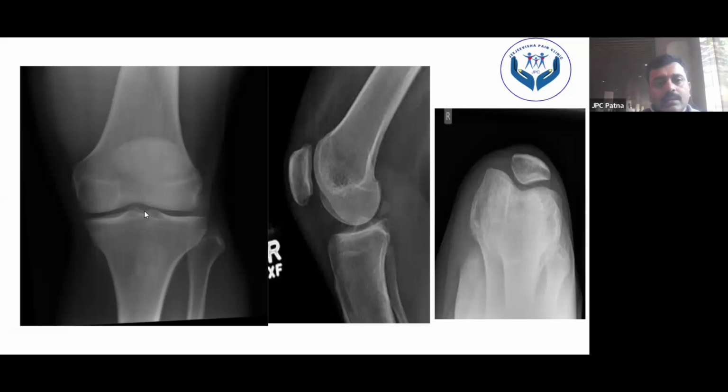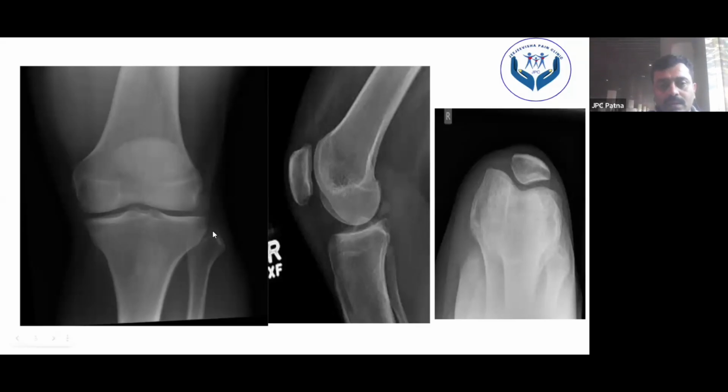If it is in the midline, then it is more or less properly aligned. If it is lateral, suppose this patella shifts to this side, then it may indicate some pathology higher up, around the hip, which may be externally rotated or internally rotated.